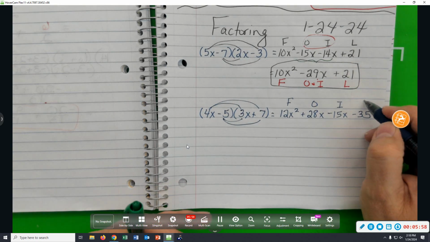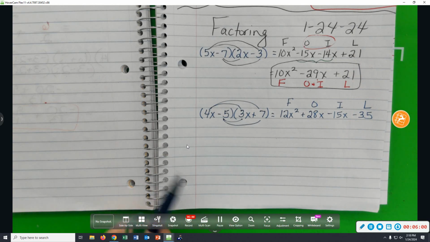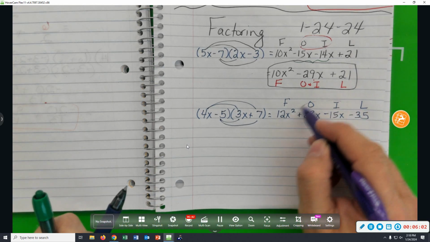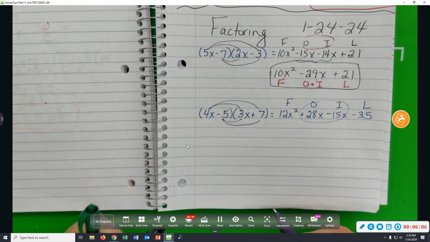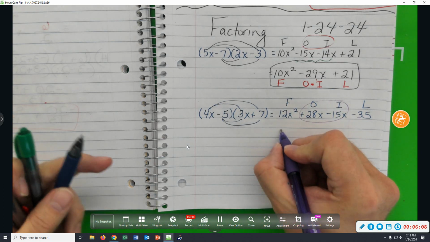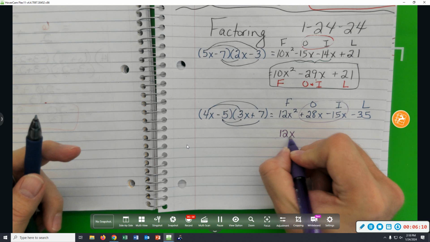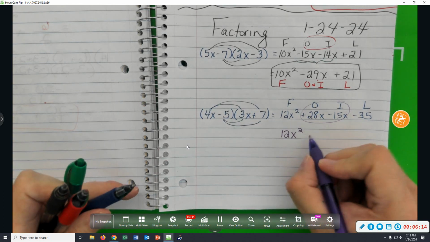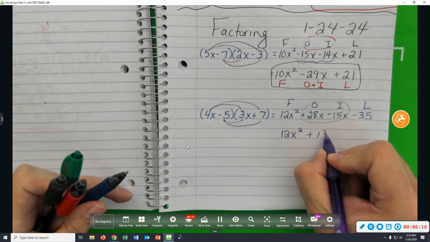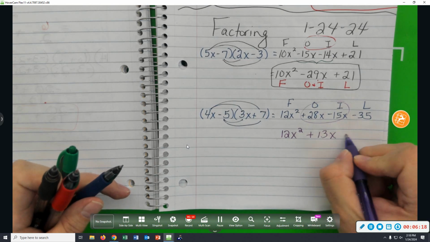Once again, we can combine the outer and inner terms, can't we? 28x minus 15x would be 13x. So here's our answer if we were just foiling. It would be 12x squared plus 13x minus 35.